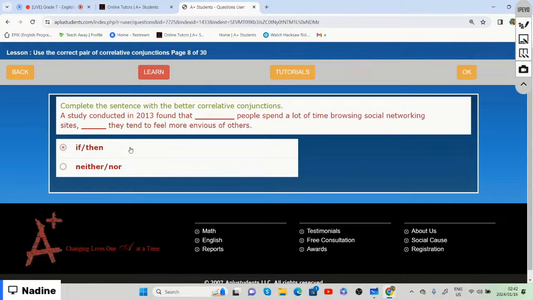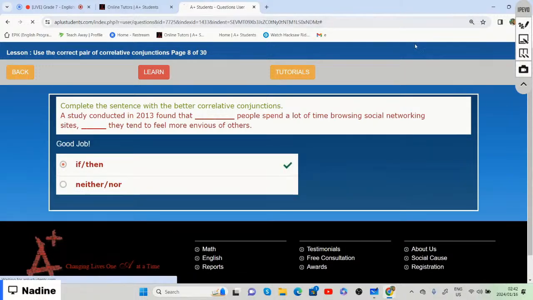And you will feel envious of others because the more you are spending on social media. So we can then say if people spend a lot of time, then they tend to feel more envious of others. So if and then.